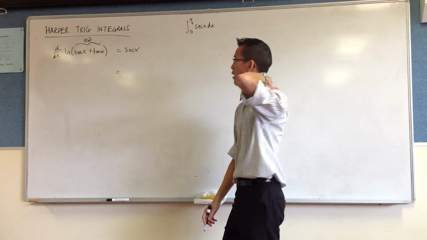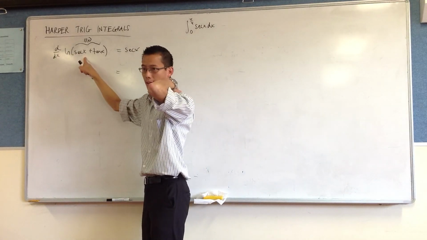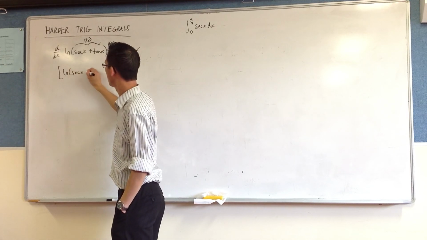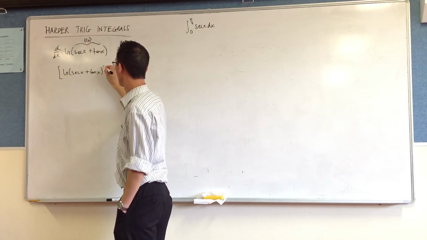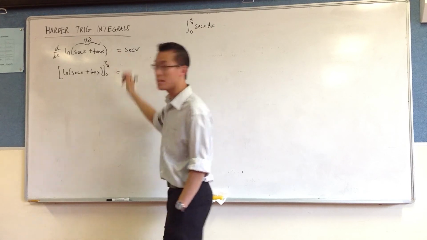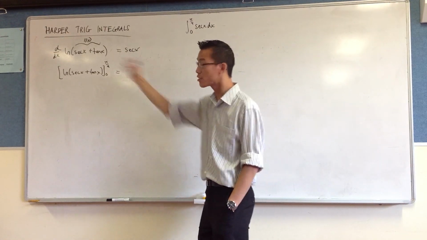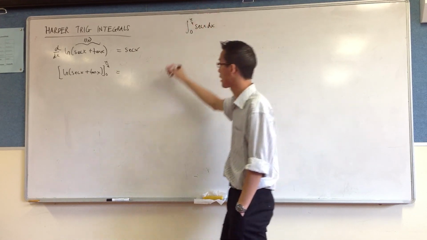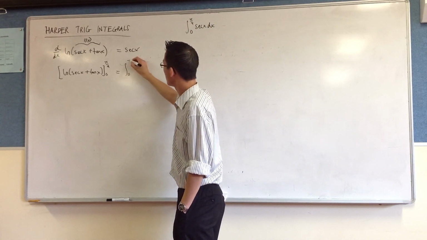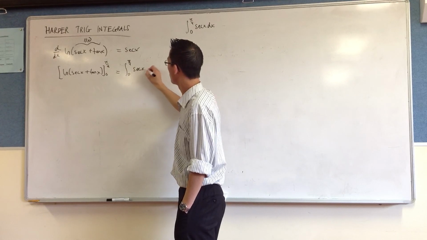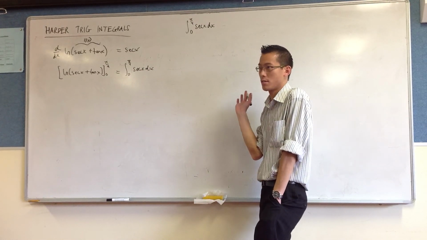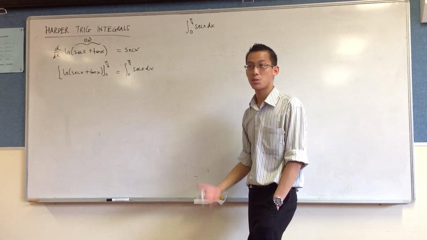Well, the left-hand side, because it's a derivative of something, when I integrate, I'm just going to end up with that something within the limits that I'm interested in. So you see I'm integrating the left-hand side with respect to x from 0 to pi on 4, and then what you have here is the question. So you can see I've done the same thing to both sides. That's all I've done. So now all that's left is to evaluate.